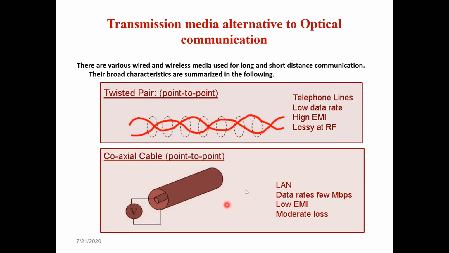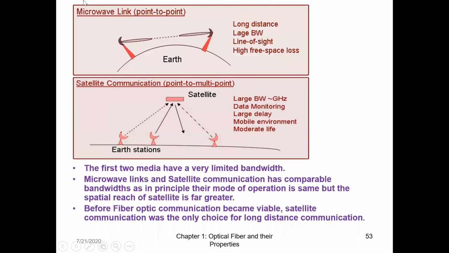So coaxial cable was preferred, but there was still some disadvantage. The repeater spacing was a problem, and even though we say low EMI, the problem of EMI was still there, with moderate loss. The next one is microwave communication. Again, it is used for point-to-point link. We could increase the distance.